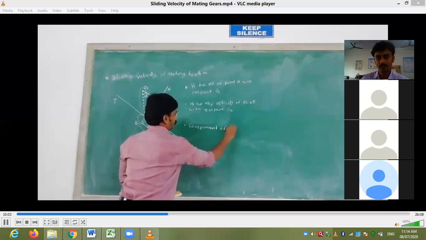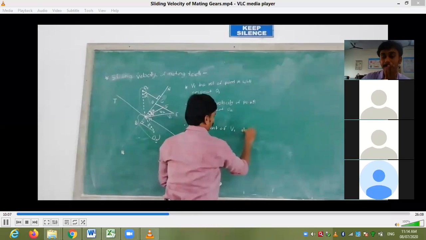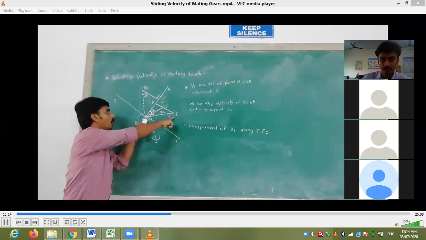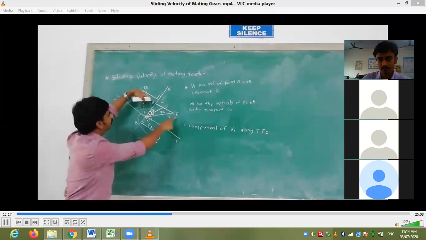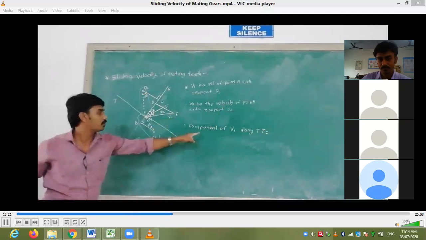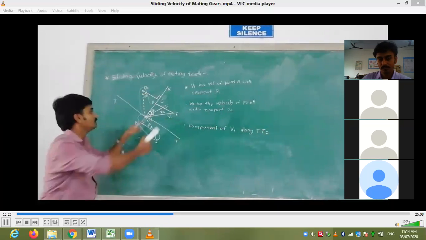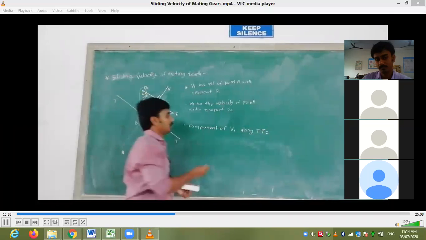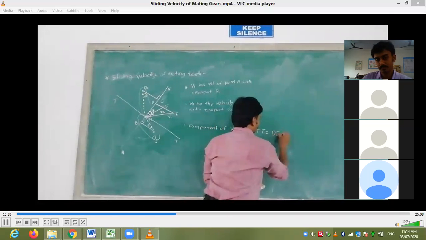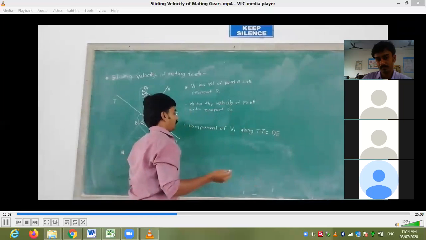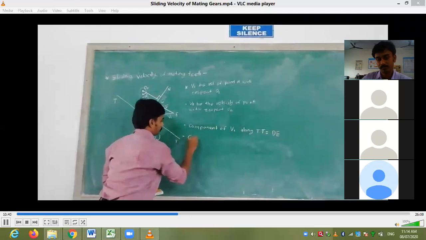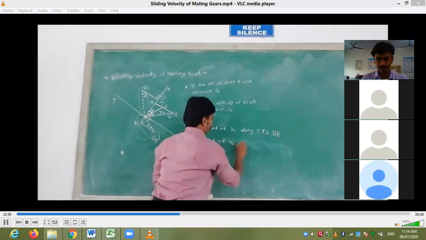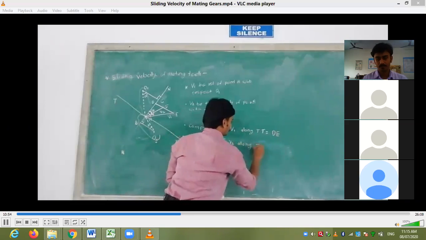If we consider the velocity component of V1 along the tangent TT, we require to find the component of this velocity along TT, which is DE.